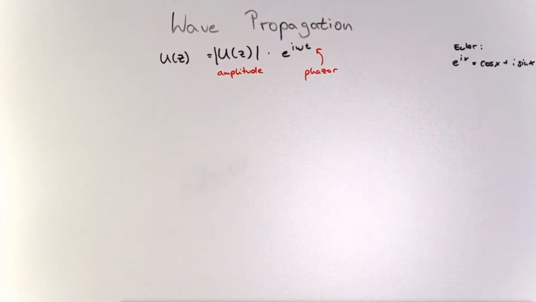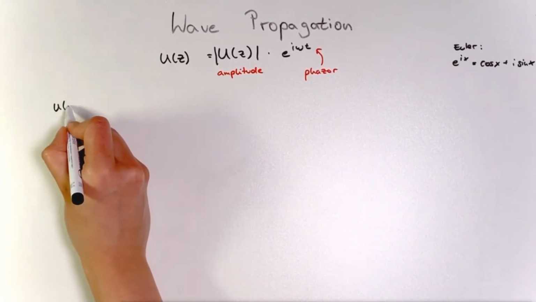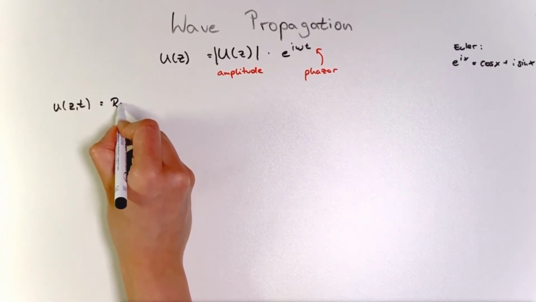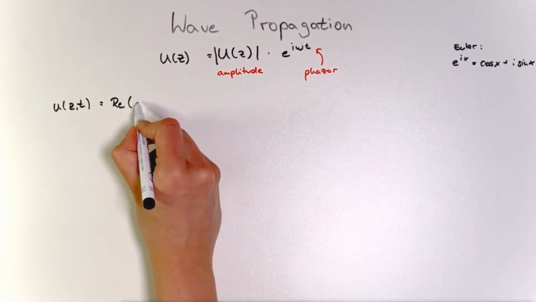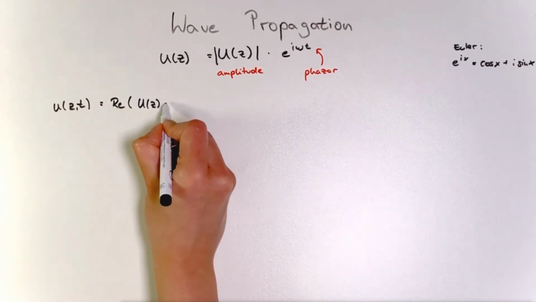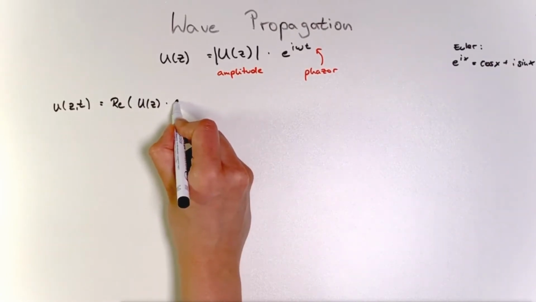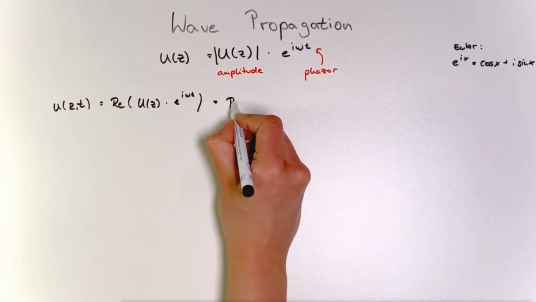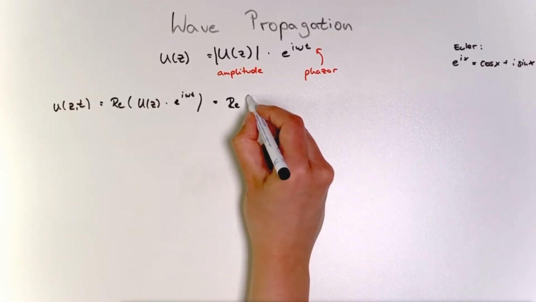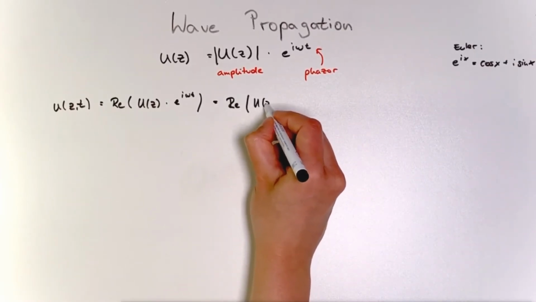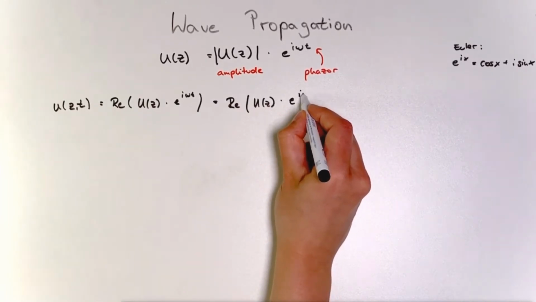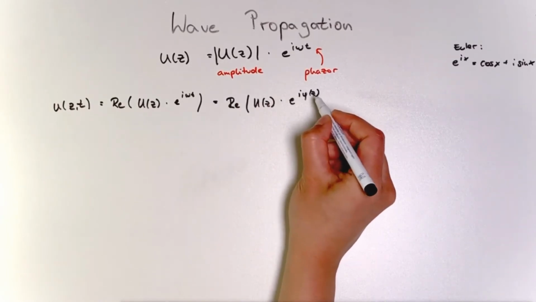Okay, so when we want to know the voltage at a specific space and time, what we do is we take the real part of the voltage at z times the phase information times e to the j omega t. Then we take this apart and we take the phase out. So j omega t is the complex wave, so we have the wave and the amplitude here.